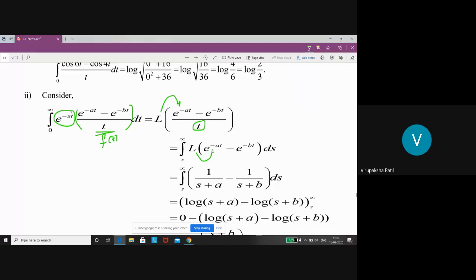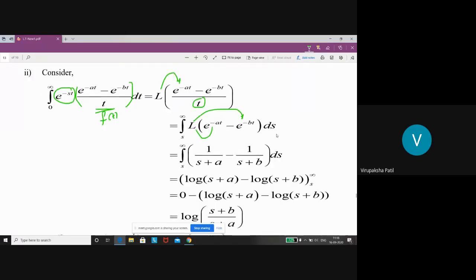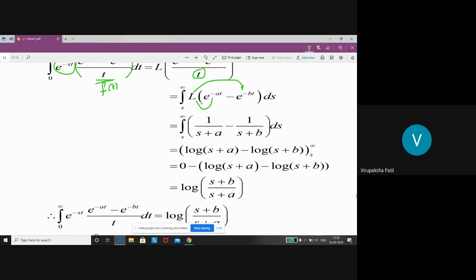Now operate Laplace on this separately using the linearity property. You will get integration s to infinity of the Laplace transform of e to the power minus at, which is 1 divided by s plus a, minus the Laplace transform of e to the power minus bt, which is 1 divided by s plus b, with respect to s.